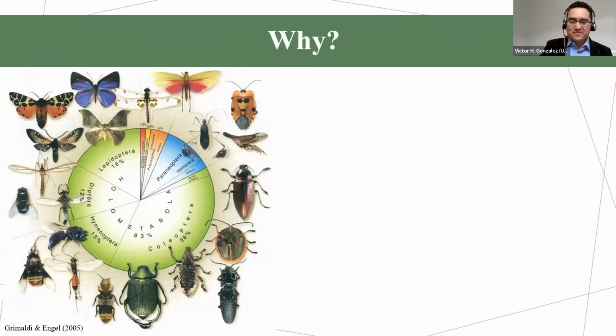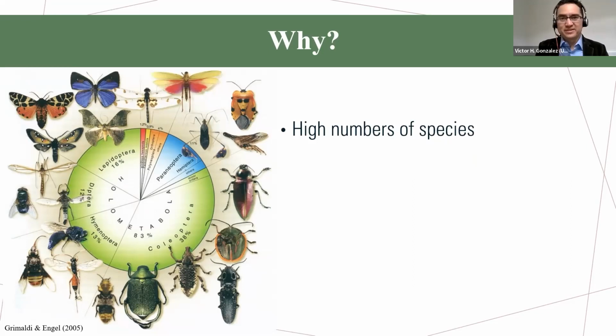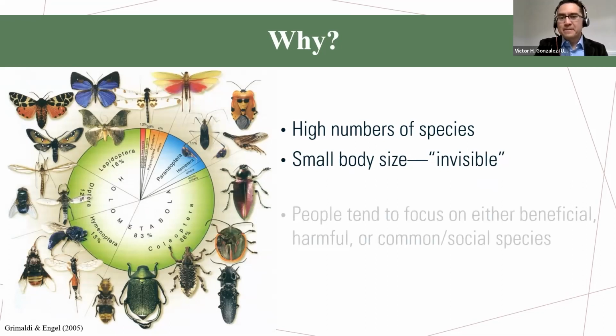So why is that? I have three hypotheses, and one of them is that we are dealing with a high number of species here for insects, right? Another one is that the small body size makes them invisible, and that's what's happening. Even now, most pollinators are invisible to all of us, right? We can only see those that are fuzzy and big, or that have large colonies, for instance.